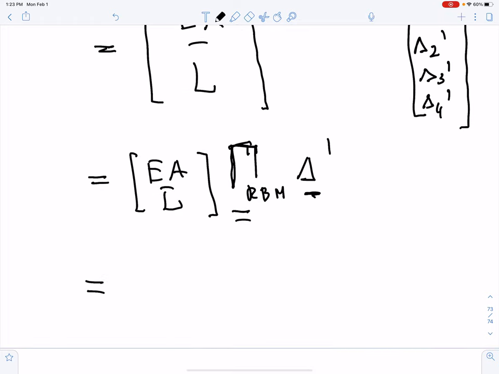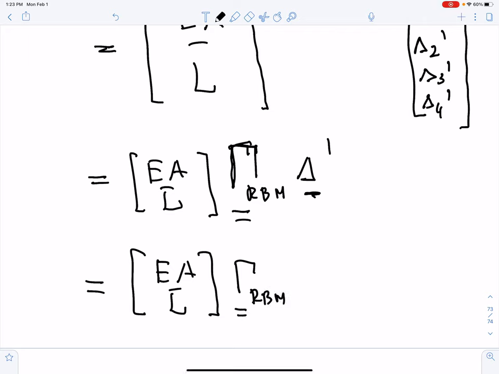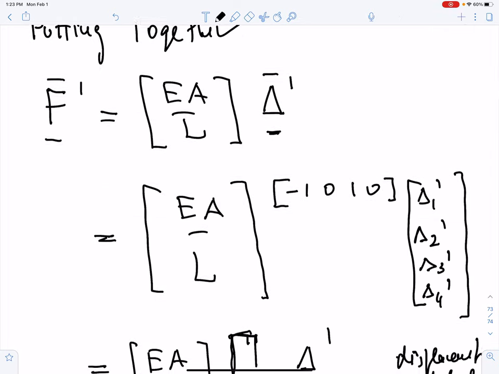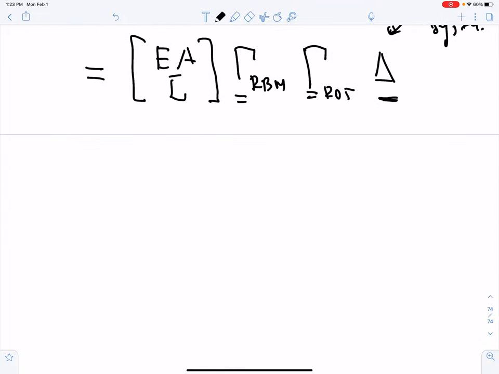Now, I can further expand this and get EA over L times gamma RBM times gamma ROT times delta. Recall, this is a displacement vector in the global coordinate system. Now, we can also work backwards.